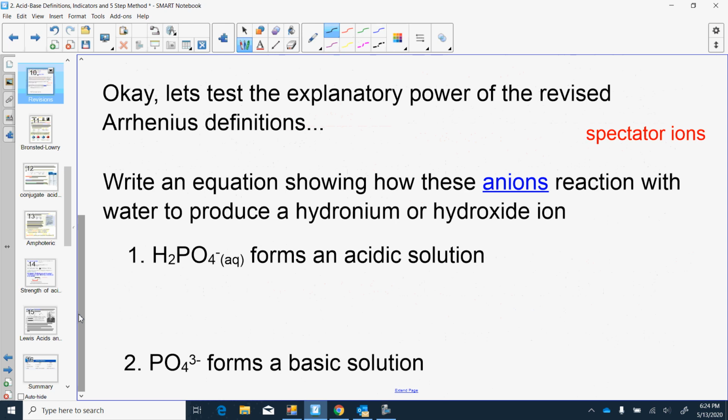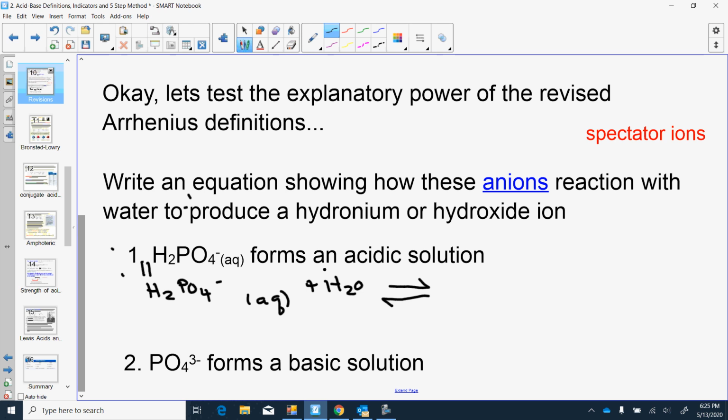If we're going to solve the first one, we have H2PO4 negative, aqueous. Now we're going to react that with water, and we want to form an acid.